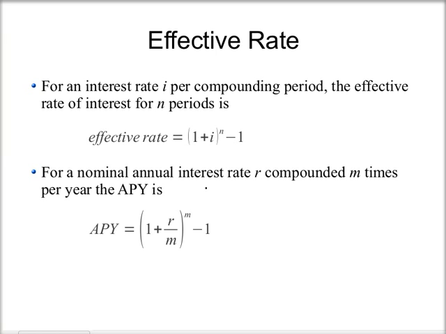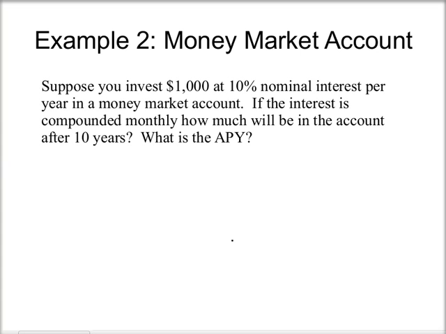For a nominal annual interest rate R compounded m times per year, the APY is given by this formula. And here we've just replaced I with R over m and n with m. It's the same formula, but written a little bit differently. So let's look at an example of that.